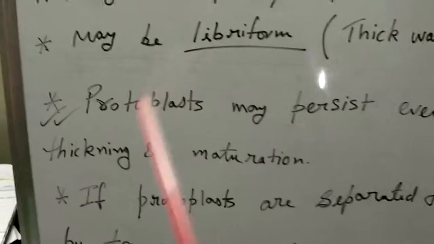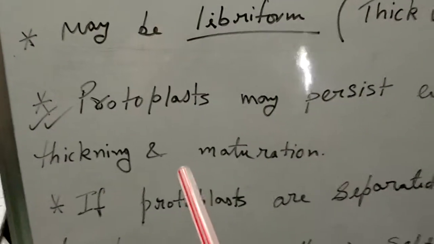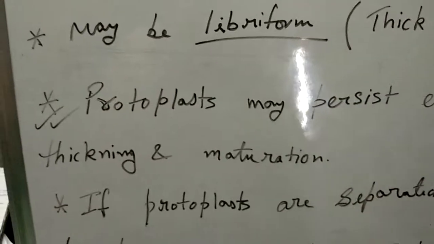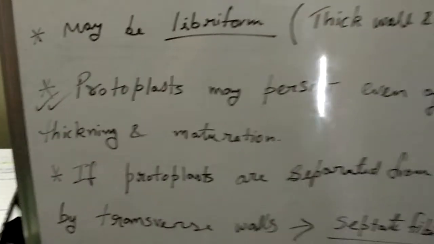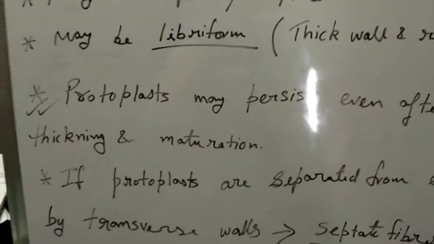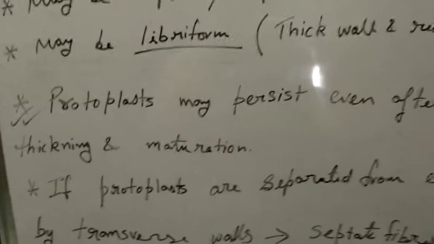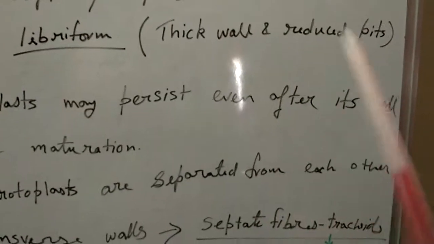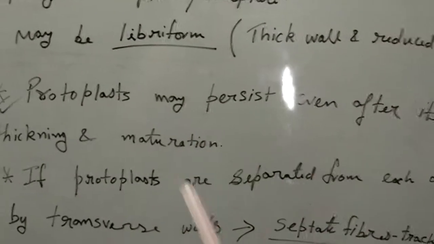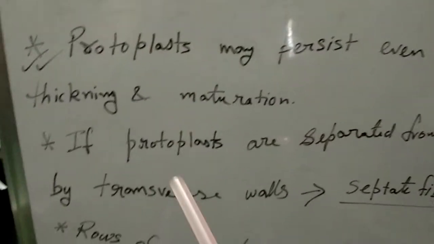This is a very peculiar point, a very distinguishing feature about fibers, which is not very commonly seen in many of the tissues which we have already discussed in our previous lectures.